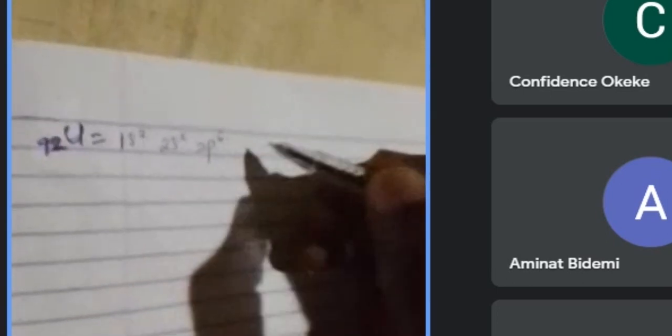Okay, so uranium 92. I'm starting from the start. That's 1s2, 2s2, 2p6, 3s2, 3p6. Leave the space, go to 4s2, come and fill this 3d10.